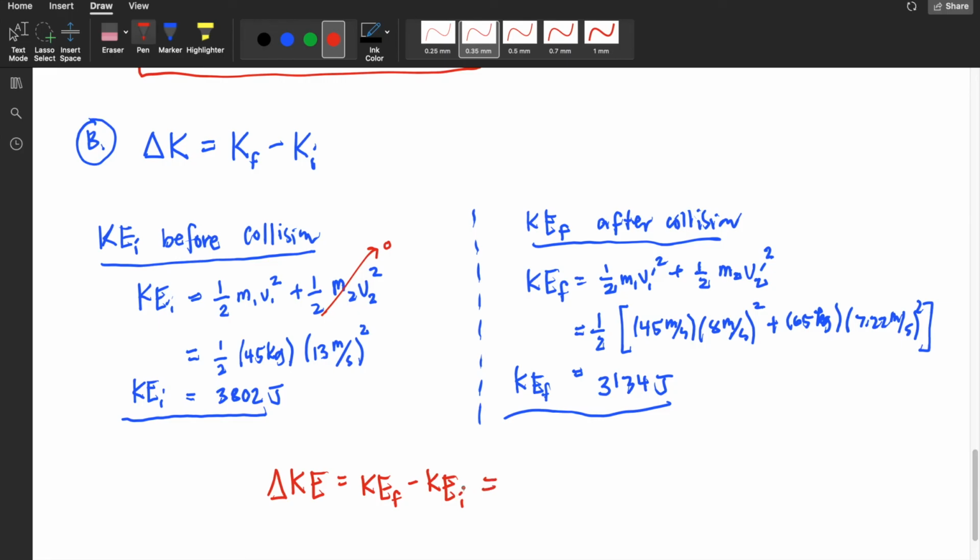So we'll have here the final, 3,134 joules, minus 3,802 joules. So the change of the kinetic energy of the whole system total is simply equal to negative 668 joules.